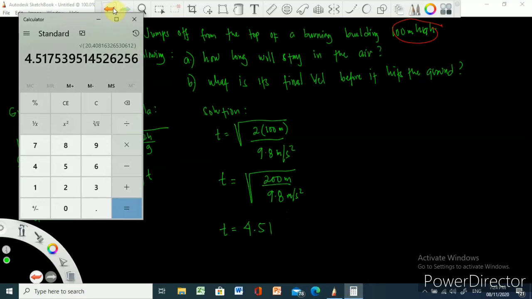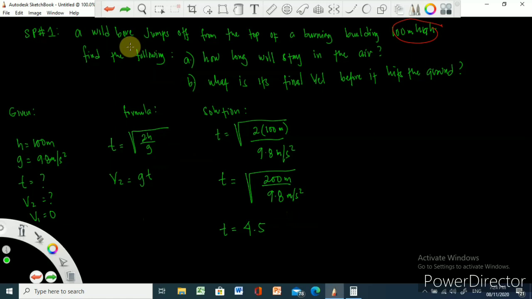Round up natin. Okay, so 4.52 seconds. How long will it stay in the air? 4.52 seconds. Okay.